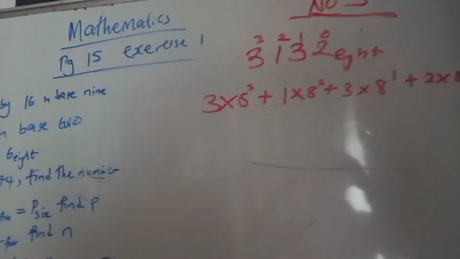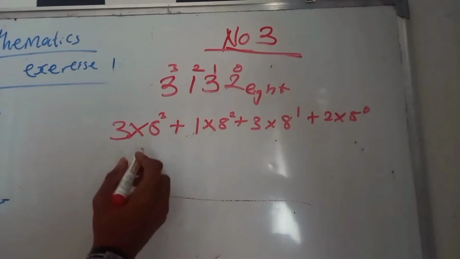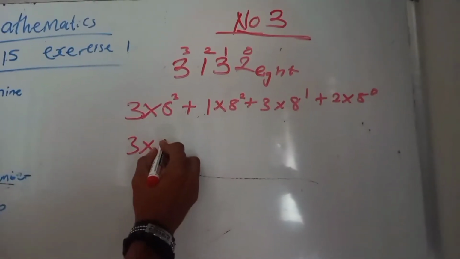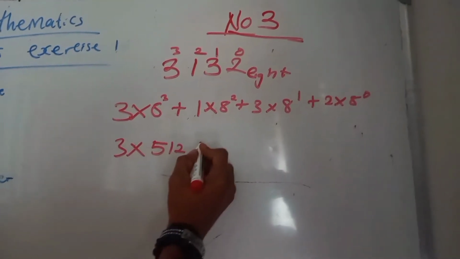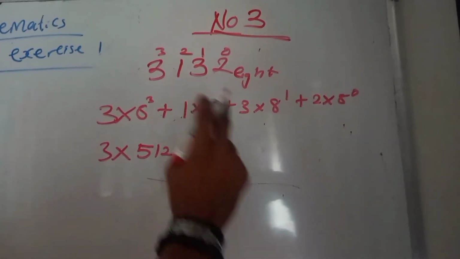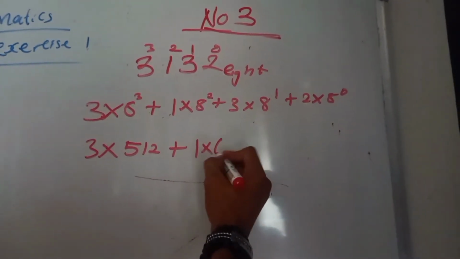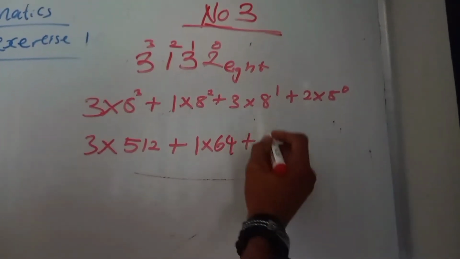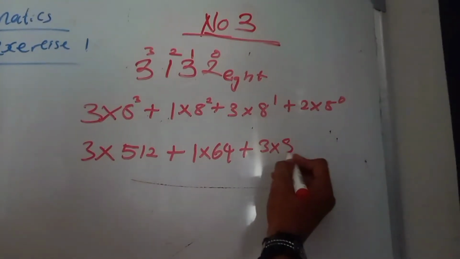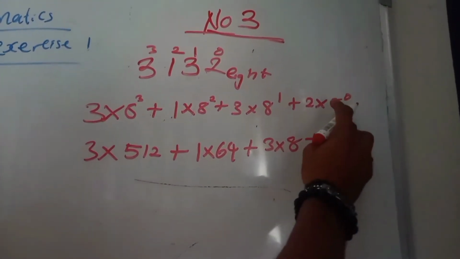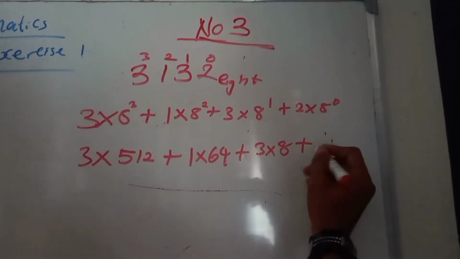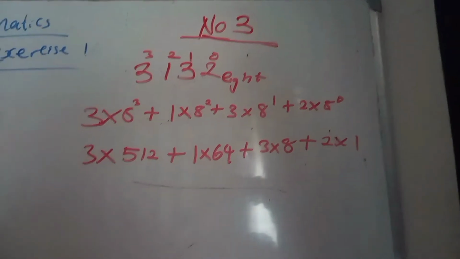The next thing we do is check: 3 times 8 times 8 times 8, in 3 places, is 512. Plus 1 times 8 to the power of 2, meaning 8 times 8, which is 64. Plus 3 times 8 to the power of 1, which is 8. Plus, I told you that any number to the power of 0 is 1. So 2 times 1 is what?